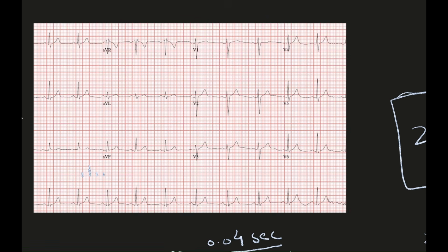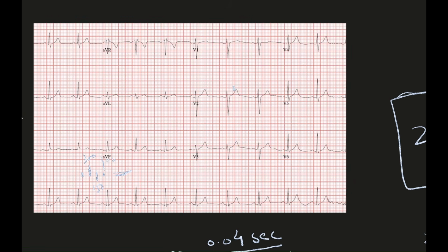This is 300. This is 150. This is 100, and so on. We have taken this QRS complex as our reference point. Now see where another QRS complex is coinciding with any dark line over here.